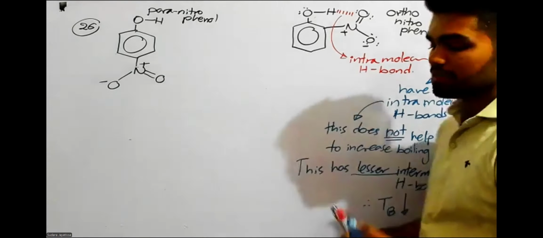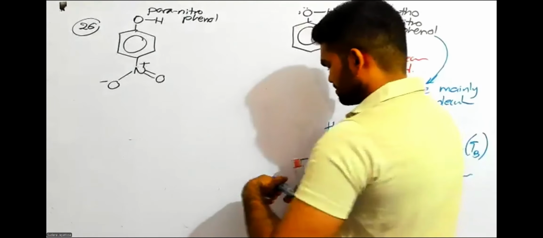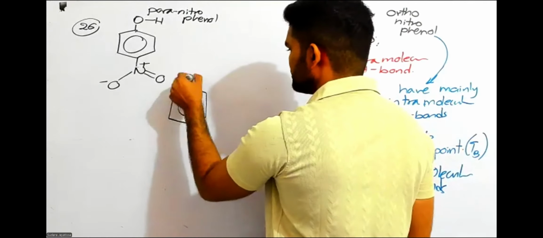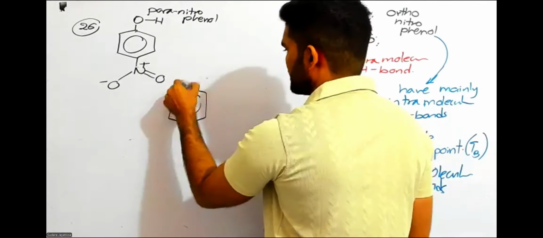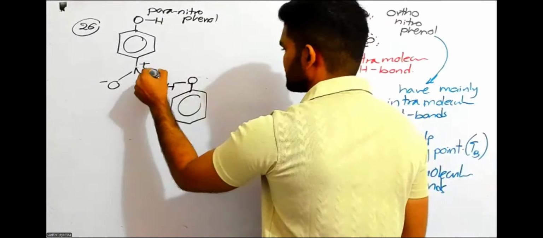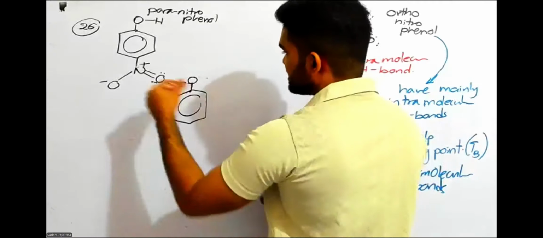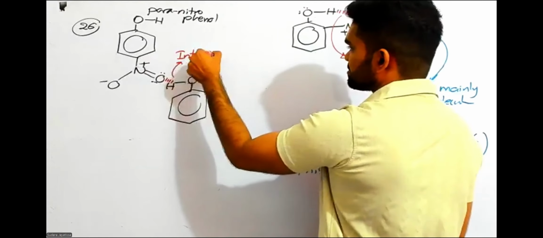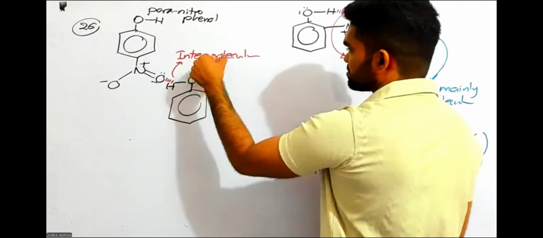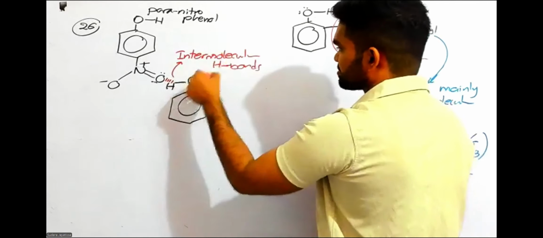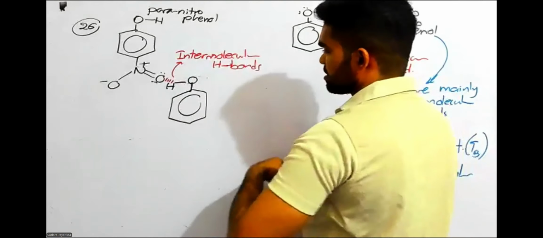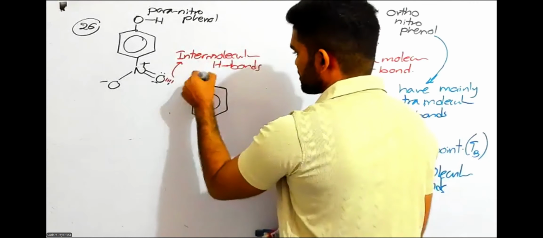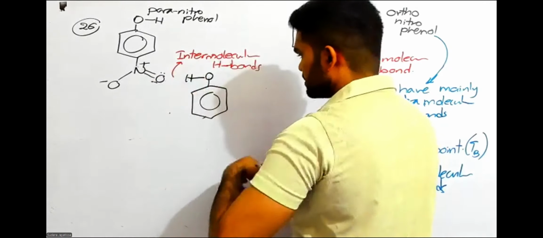Understood. But the opposite happens for paranitrophenol. You can see, if you have another paranitrophenol molecule, it will very easily form intermolecular H bonds.